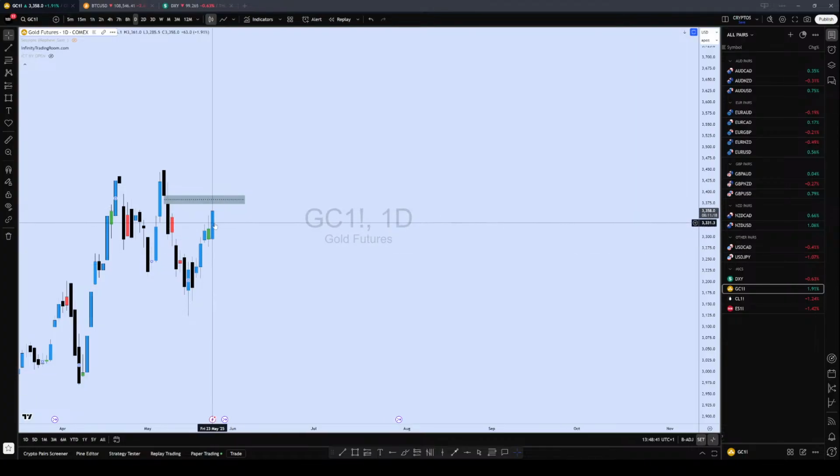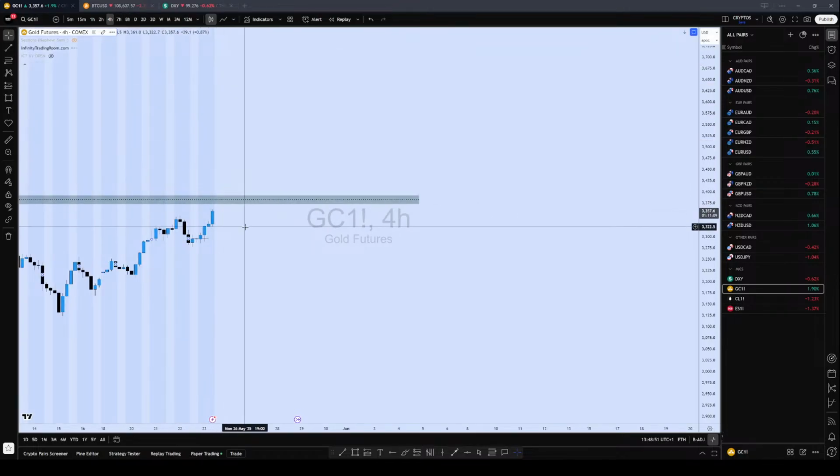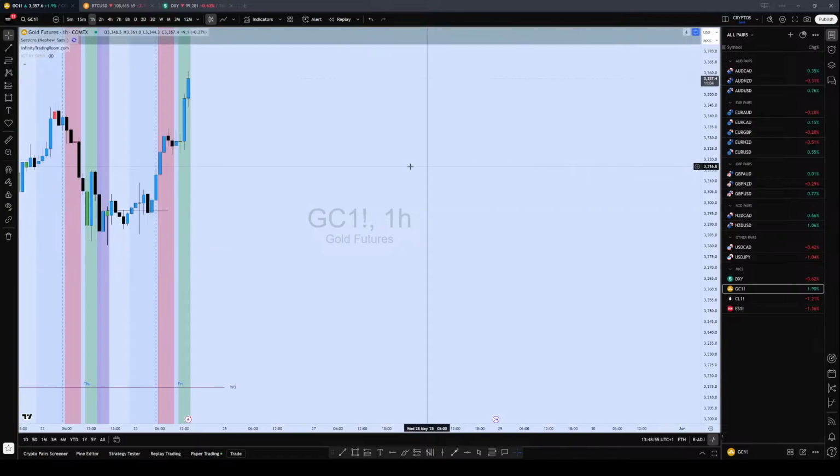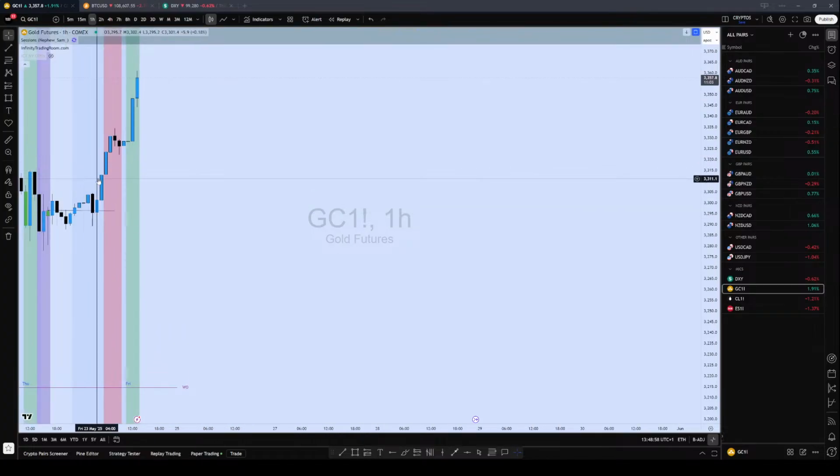I'm not expecting any huge manipulation to the downside before we go up. I would just want to see them maybe drop into, I think London has created a nice gap here, and then they're moving in the 1 o'clock.